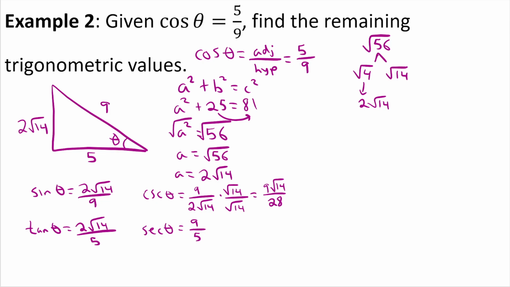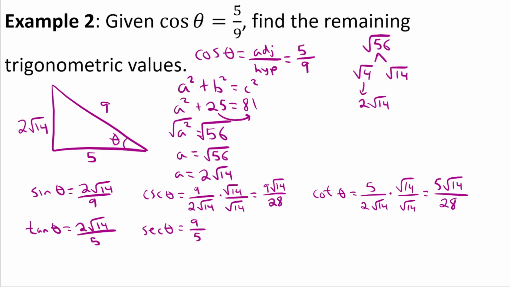Oh yeah, that's right, 9 over 5. So there we go. I had a moment where I thought I was going to be wrong here. And then cotangent of theta is going to be 5 over 2 square root of 14. Rationalize, square root of 14 over square root of 14 would give me 5 square root of 14 over 28.